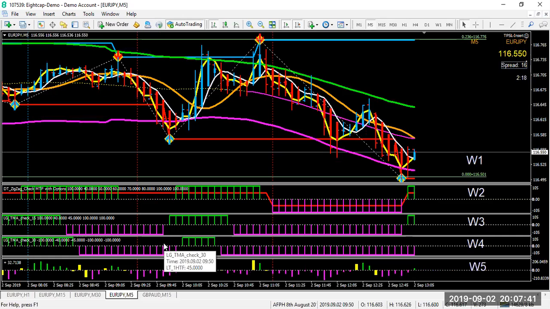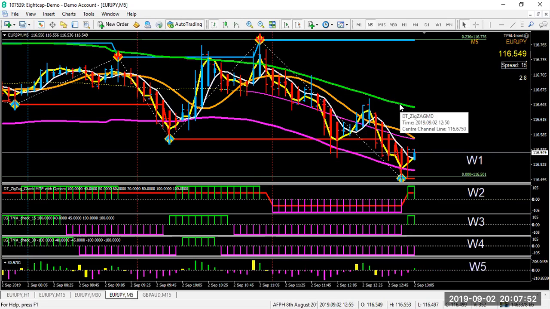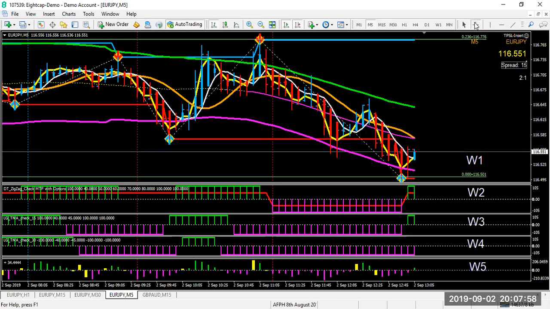What am I trying to help you with when I put that yellow line there? One of the things that we're looking for to assist us is to see when price ceases to go in one direction and resumes an initial direction.